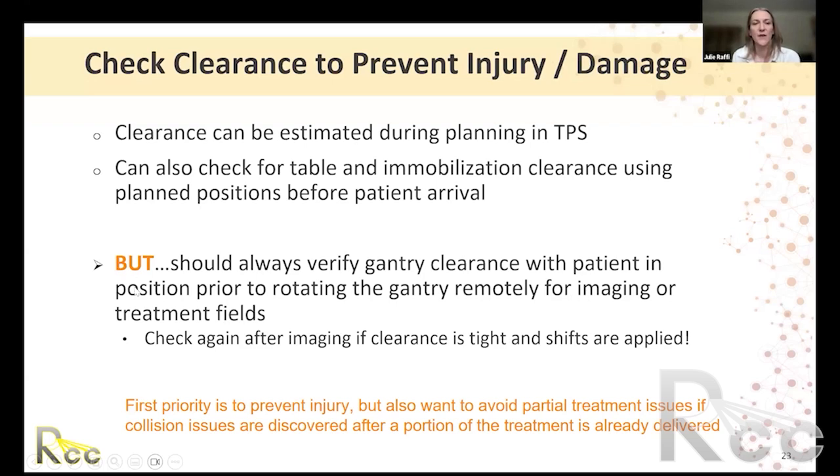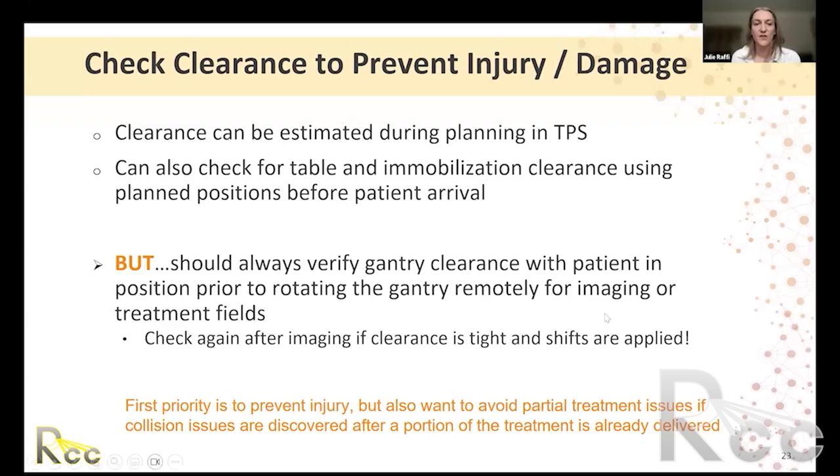But when the patient comes, we always need to verify clearance with the patient in their final position prior to rotating the gantry remotely for imaging or for treatment. And if you set the patient up, you check rotation, but then you apply shifts during imaging, you'll want to check again if you had tight clearance on any of your gantry angles.